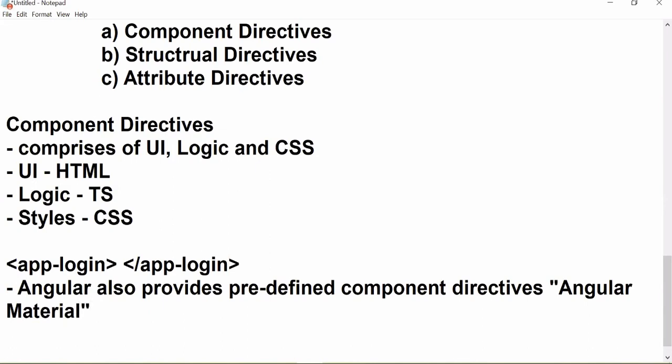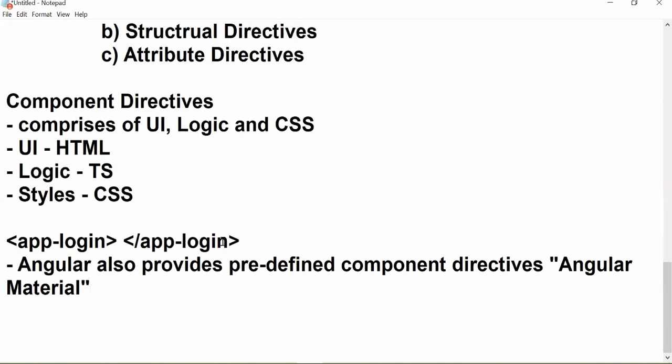This I will show you in the next sessions. We will see how to use Angular Material, how we can work with it. Angular Material is nothing but a library of ready-made component directives. We can create our own component directives, and we can use some ready-made component directives provided by Angular, which is called Angular Material, which you are going to see in the next level.